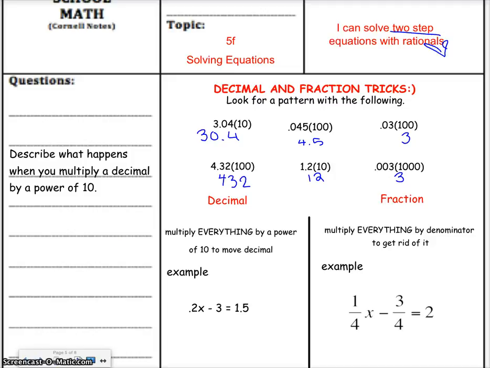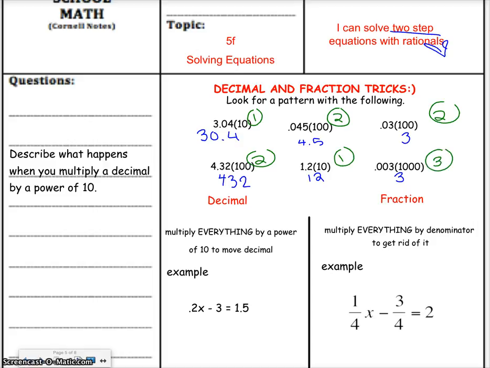So when it was 10, I moved the decimal one spot to the right. When it was 100, I moved the decimal 2 spots to the right. When it was 0.03 times 100, I moved it 2 spots. Here I moved it 2 spots. Here I moved it 1 spot. Here I moved it 3 spots.